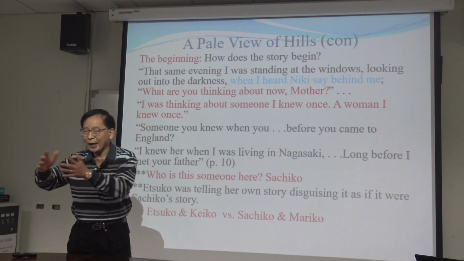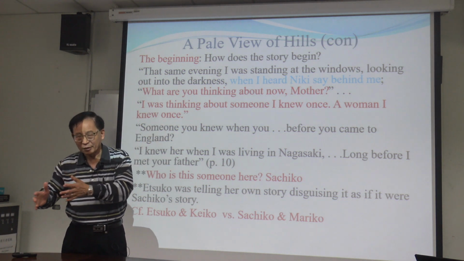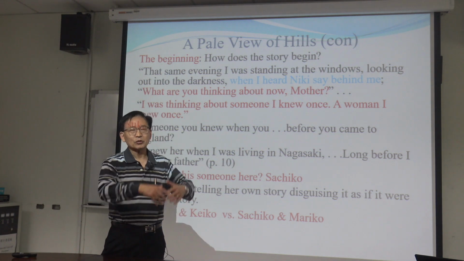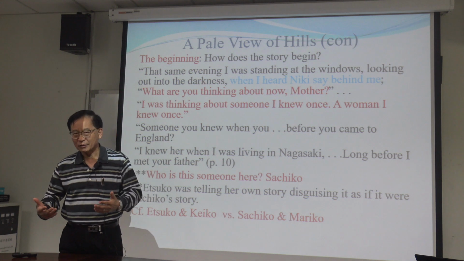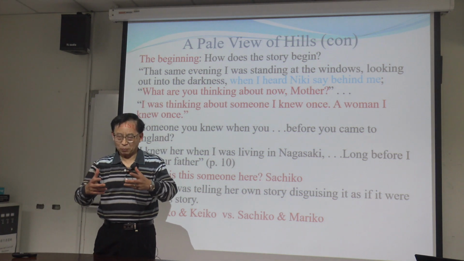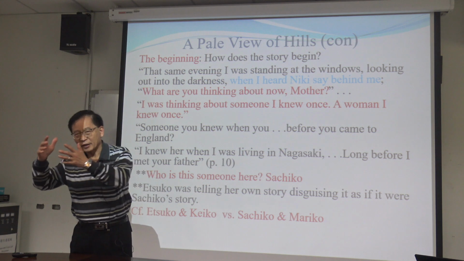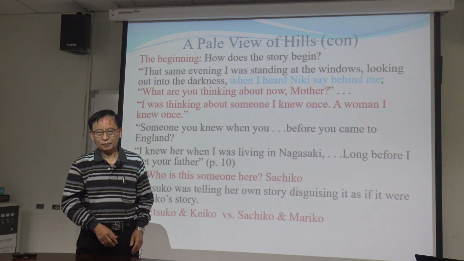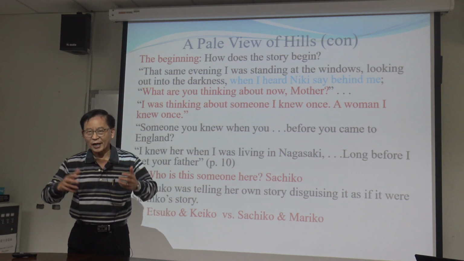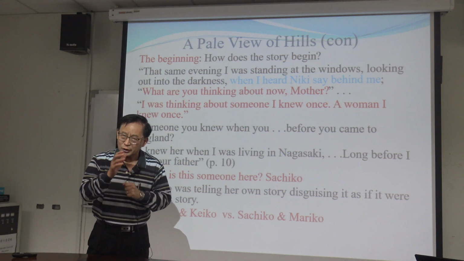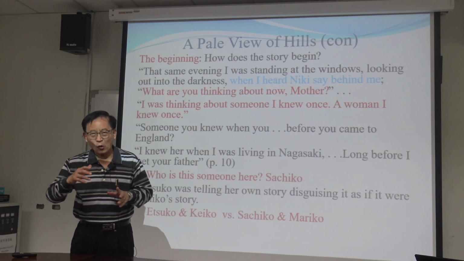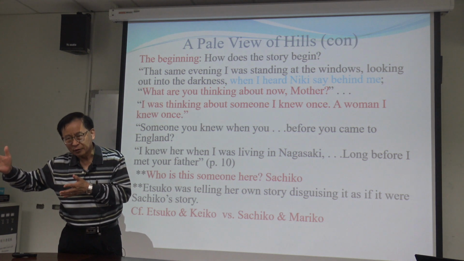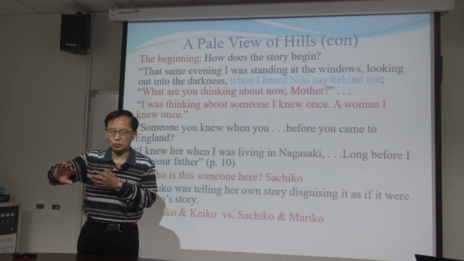So what happened in Japan actually is not clear or remains unknown to Niki. Niki was born to Etsuko, the mother, with the British gentleman. So Niki is a hybrid, a mixture. So Niki obviously is quite ignorant of what had happened to the mother in Japan before she was born.